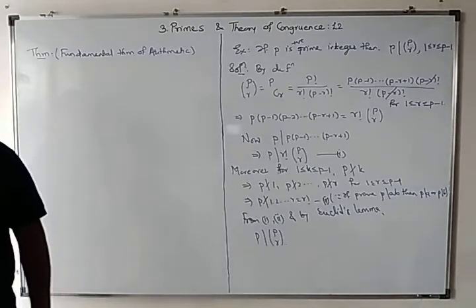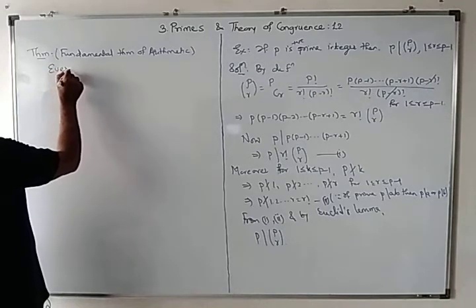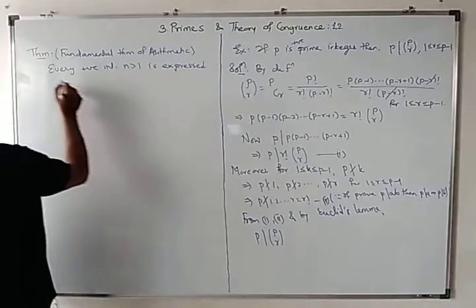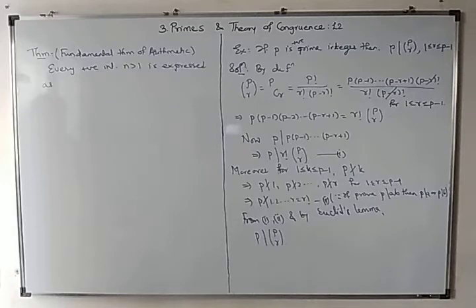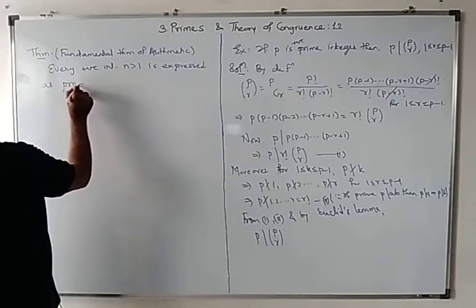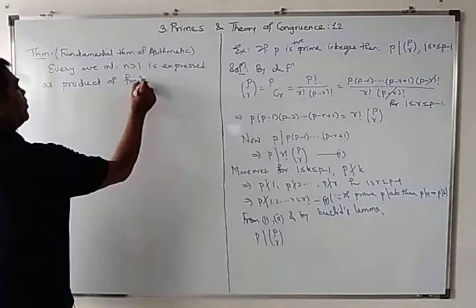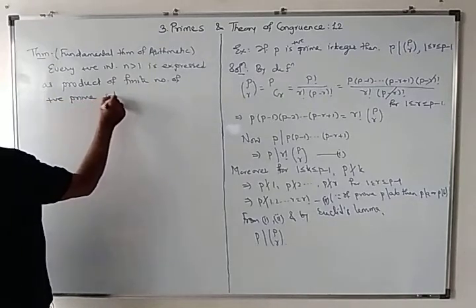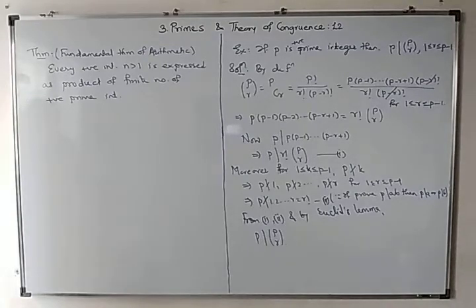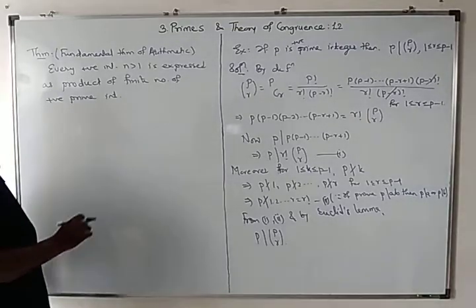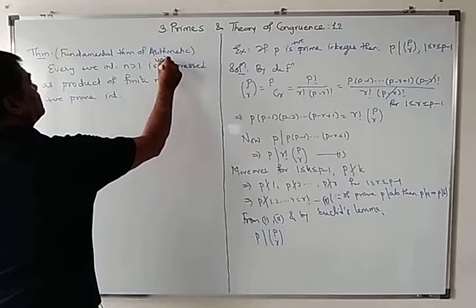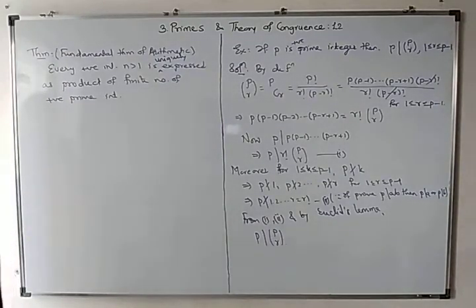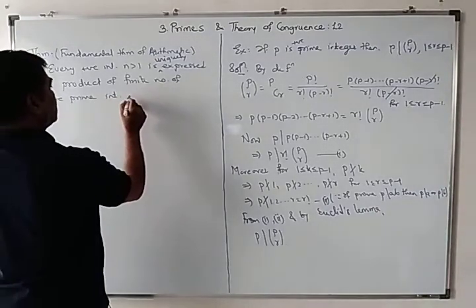Every positive integer n greater than 1 is expressed as a product of a finite number of positive prime integers, and is uniquely expressed as a product of a finite number of positive prime integers apart from the order in which they appear.